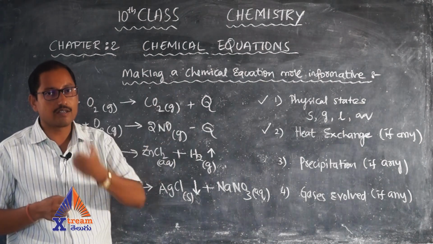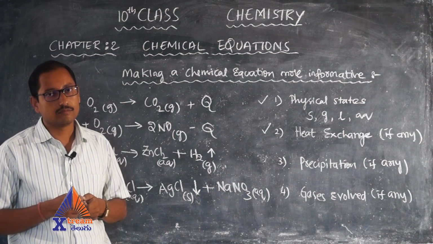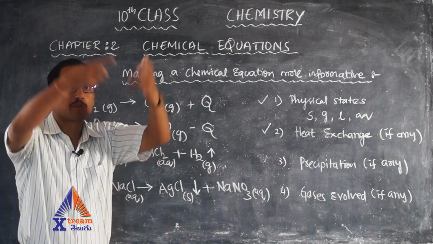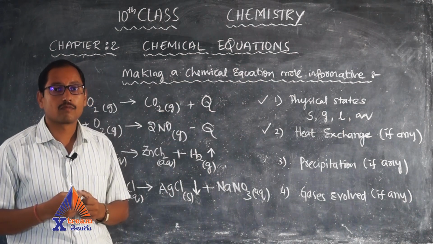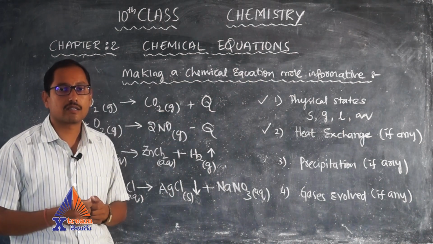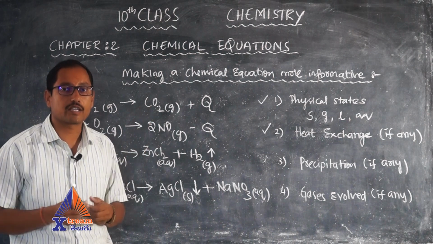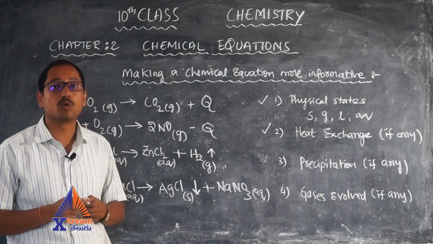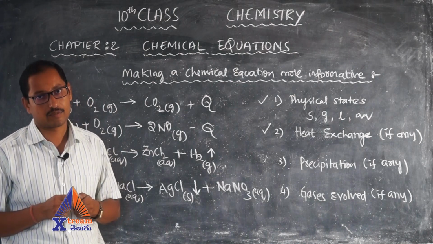It is taking the heat inside. Sometimes during chemical reactions, heat is going to be produced. For example, you burn a stick or a paper, heat is produced in that chemical reaction. Such reactions are called exothermic reactions.